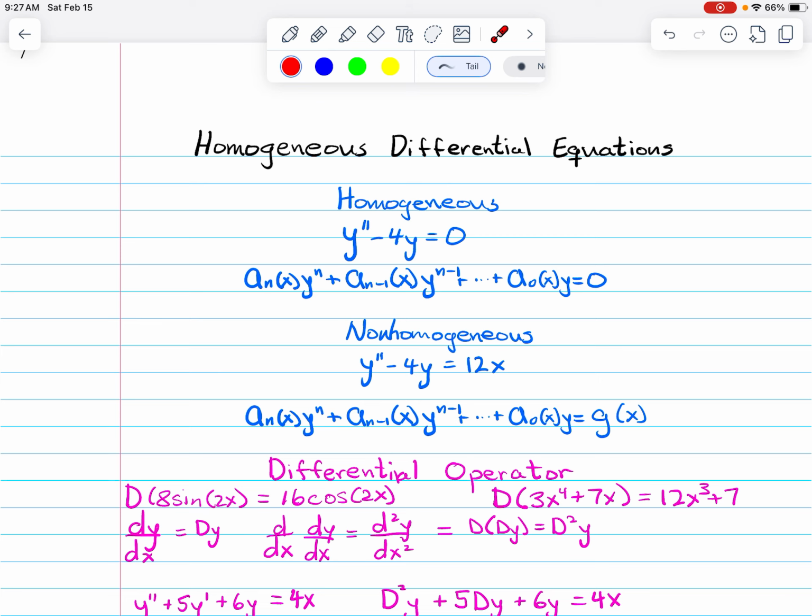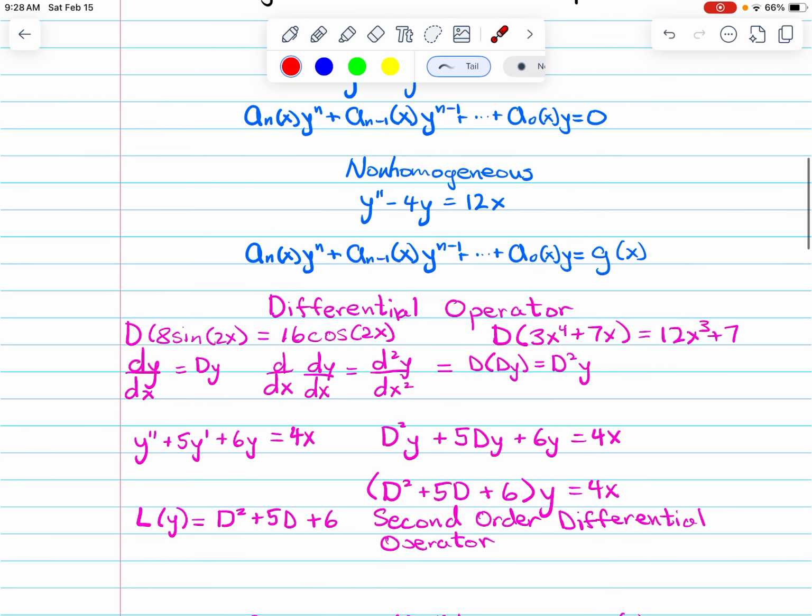Now, I want to introduce you to some notation at this point, although I'm not going to refer to this very much after this in this video. I just want you to be aware of this notation, and I'll use it a little bit. But we have these differential operators, the capital D. For example, this big D in front of 8 sine 2x is asking you to take the derivative of 8 sine 2x.